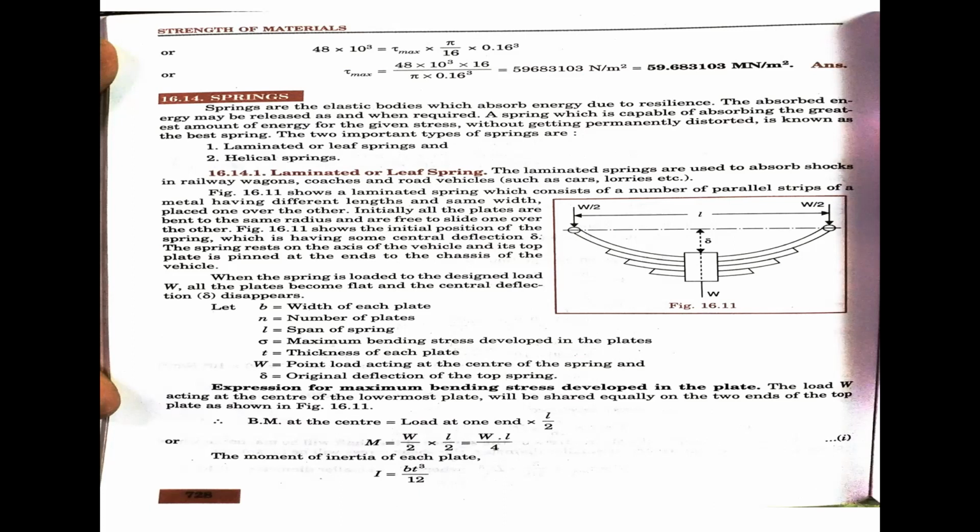The laminated springs are used to absorb shocks in railway wagons and coaches, and road vehicles such as cars, lorries, etc. You have to use this type of leaf spring in these vehicles.